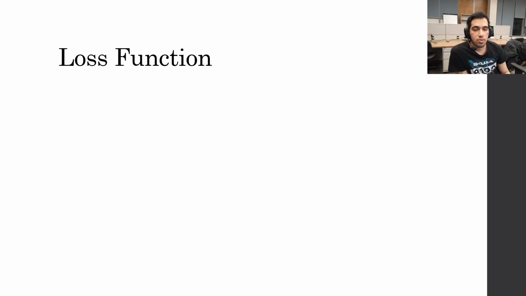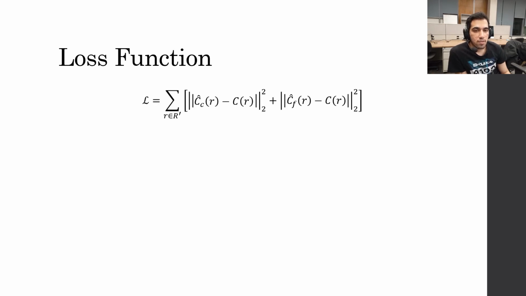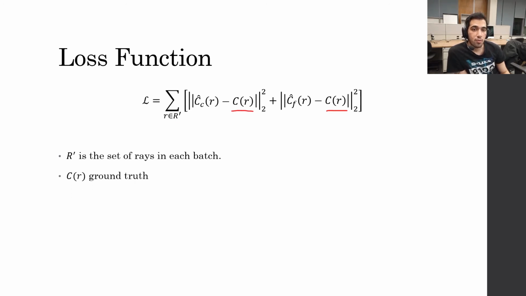Okay, now let's go to our loss function. The loss function is described as below, where R prime is the set of rays for each batch. C of r is the ground truth that we already have from our data set. C c is our predicted coarse volume color, which we estimated using the samples from our uniformly distributed samples.